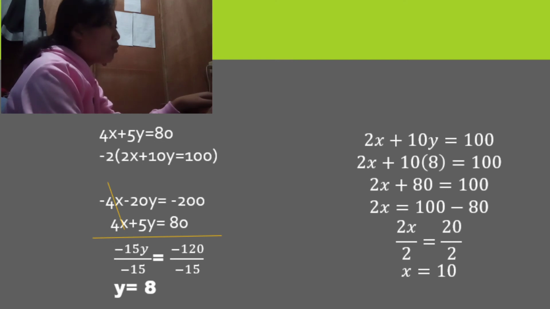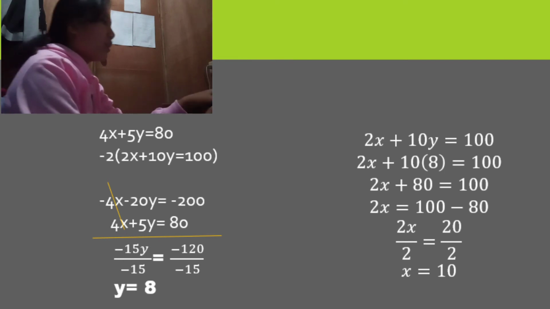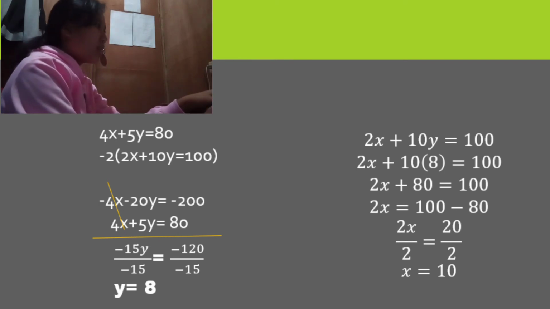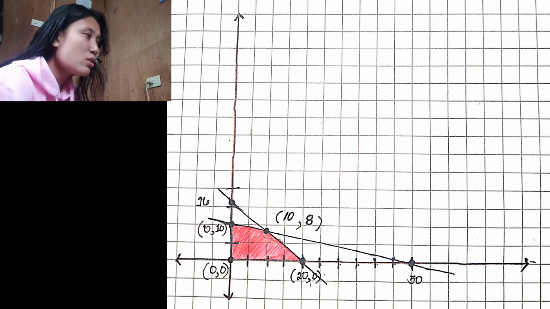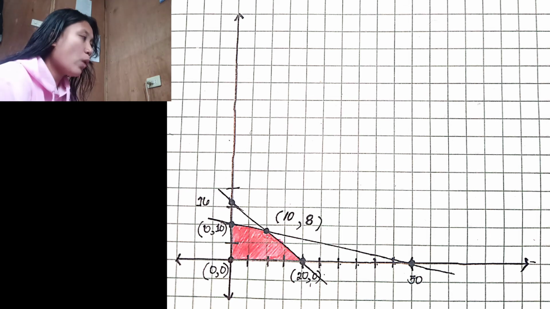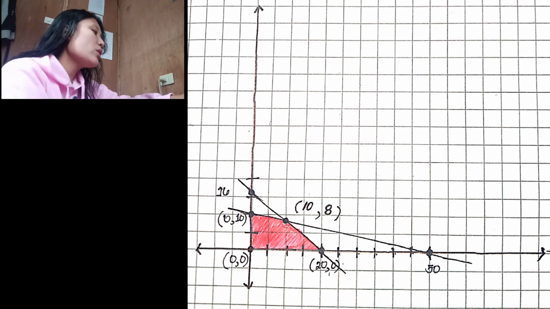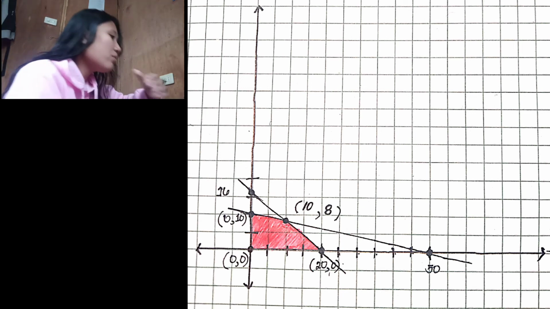So 2x plus 80 is equal to 100. x is equal to 10. So the value of x is 10. We are done finding the intersection point, where the value of x is 10 and the value of y is 8. As you can see in the graph, we also have the origin point.